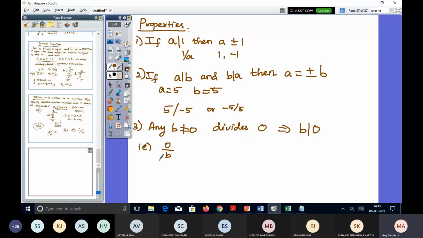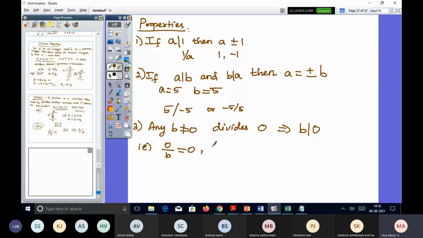Suppose B is equal to 0, what is the meaning of that? It is undefined, isn't it? So if I write 0 divided by any number apart from 0, then we'll get the answer as 0. These things we know very well, but in terms of these properties we should know, that's why I'm writing it like this. So 0 divided by B is equal to 0, and the condition is B should not be equal to 0.